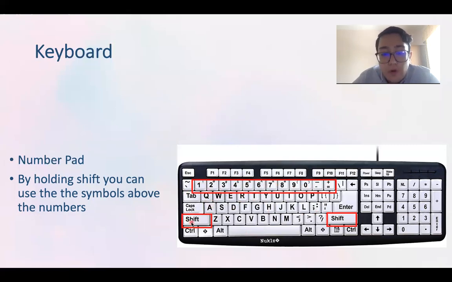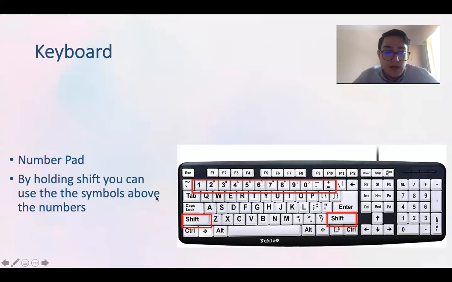Okay, so for example, let's say I want the at sign, not number 2, but the at sign. So what should I do? Should I press 2? No, I press and hold the shift key, and then once I press and hold the shift key, I press number 2. So when I press number 2, I will get the at sign.